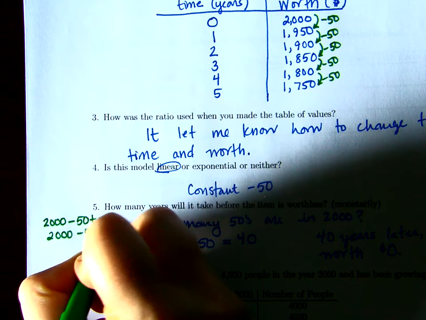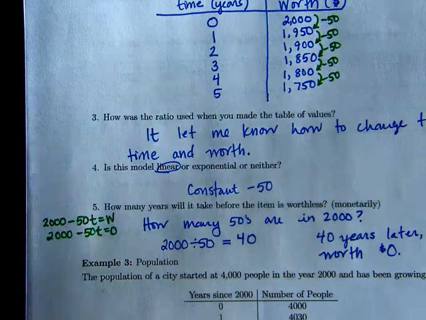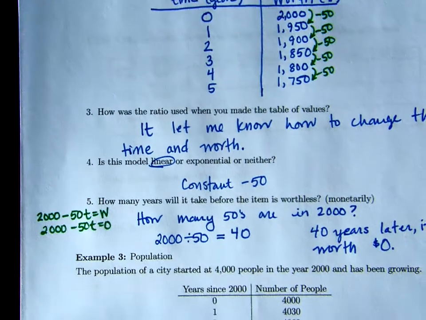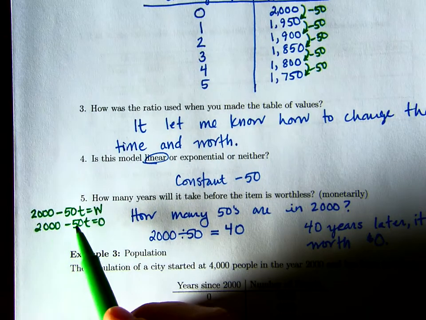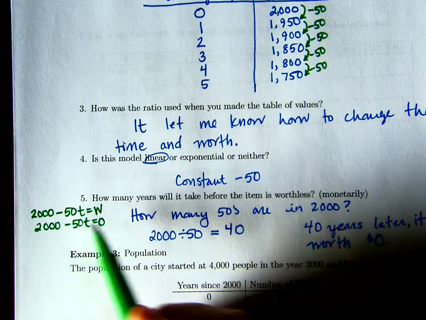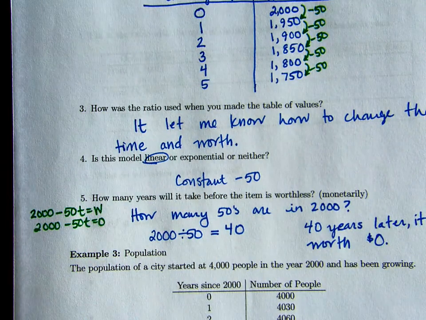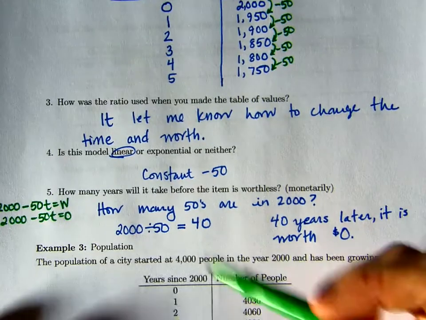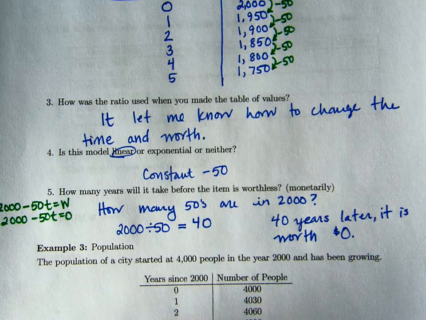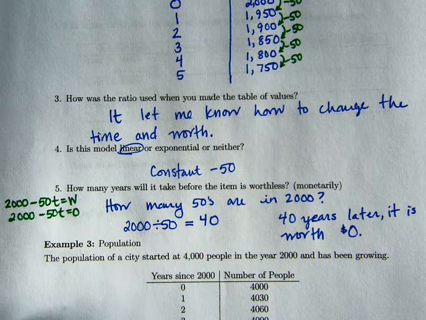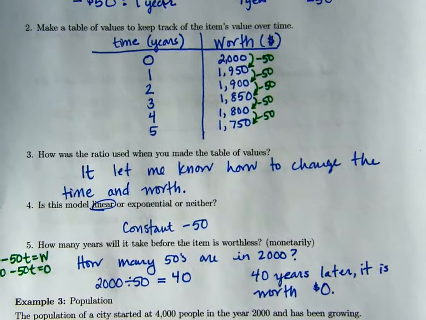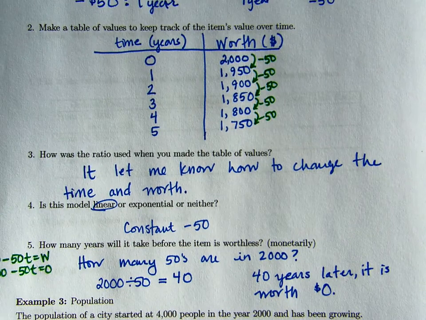Totally fine by me. Sometimes people write this out and then guess and check what number goes in here. Totally fine with me. All of those will get you to the point where 40 years later it is worth $0. As long as your math is correct, I'm very happy and content.